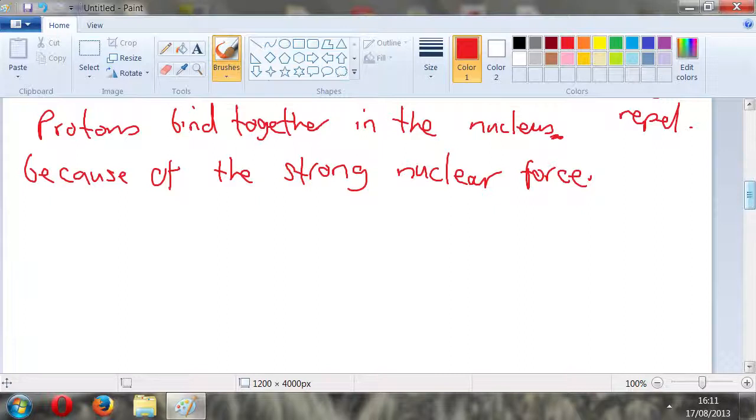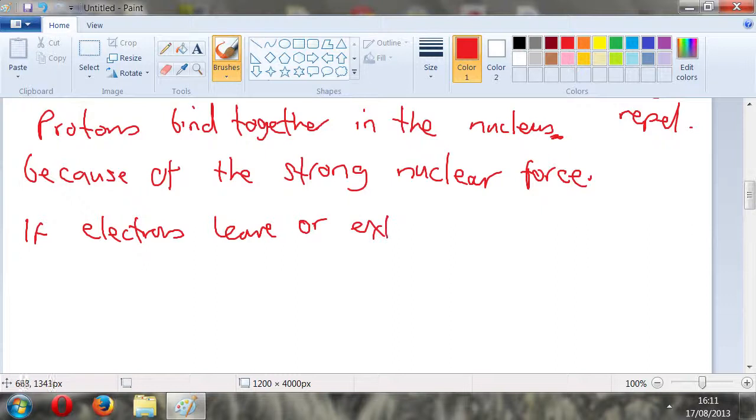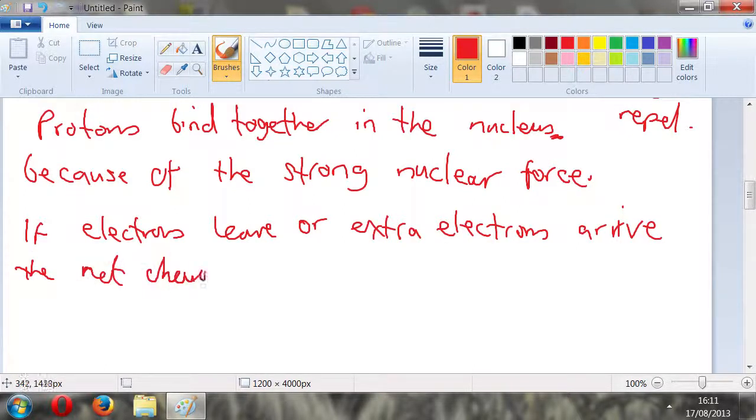So if electrons leave, or extra electrons arrive, then the net charge of the atom is imbalanced.